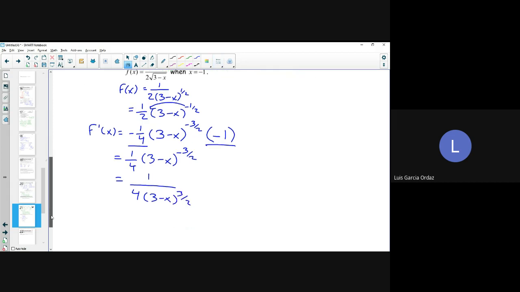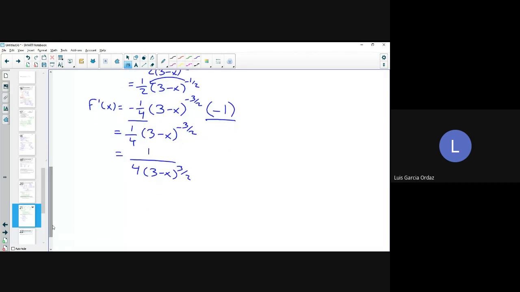And because we're trying to find it at x is equal to negative 1, I have to find the derivative of f at negative 1. So now all I need to do is sub in negative 1 for my x value. So I get 1 over 4 times 3 minus negative 1, all to the power of 3 over 2, which means I get 1 over 4 times 4 to the power of 3 over 2.